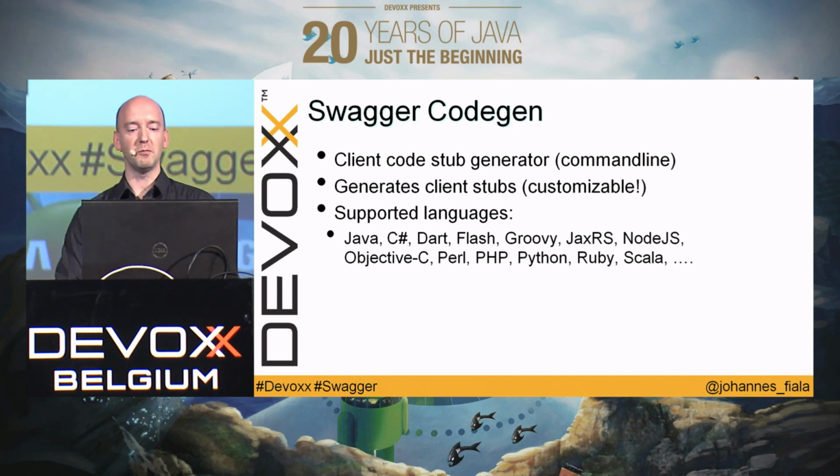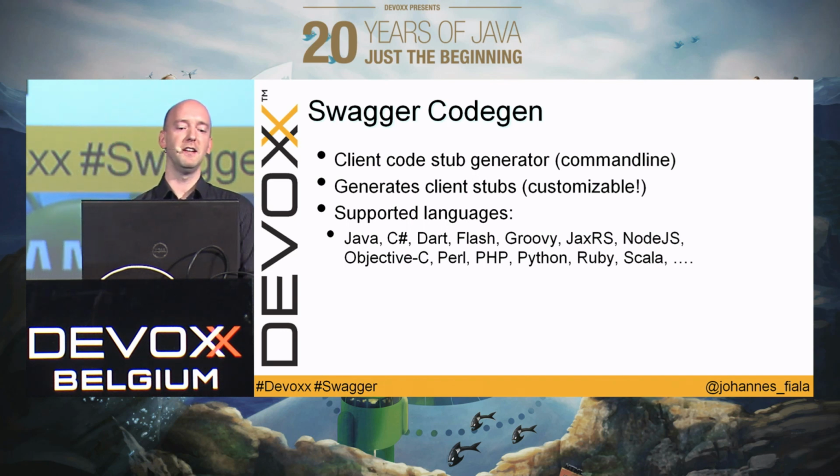So there's really a big number of languages that are supported right now that you can immediately use. This way, you can provide an SDK for your REST API in these languages. And you don't have to stick to Java. If other developers want to use PHP, they can do so, and they get all the features of the generated client code.